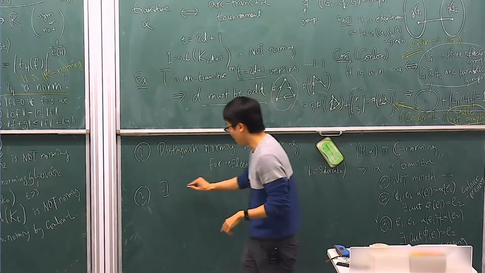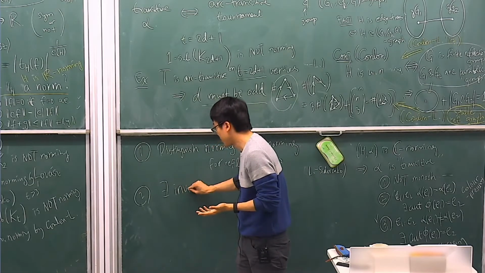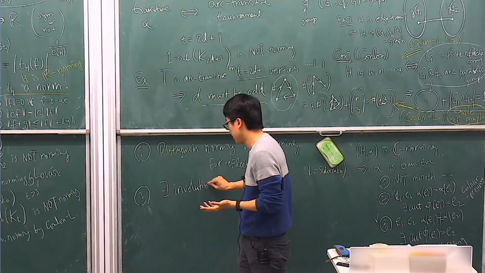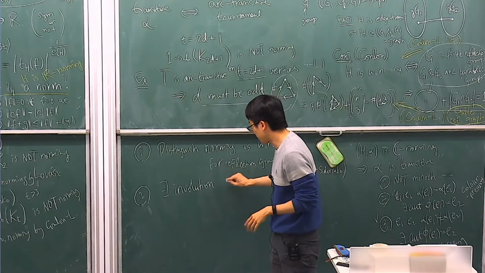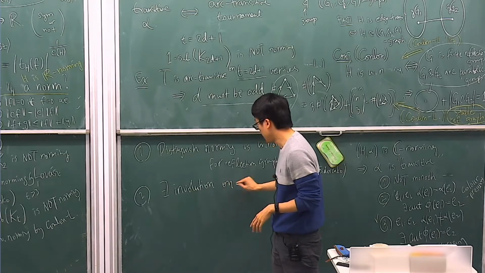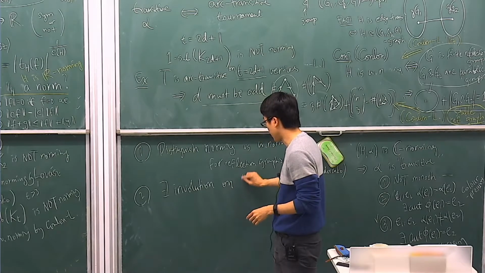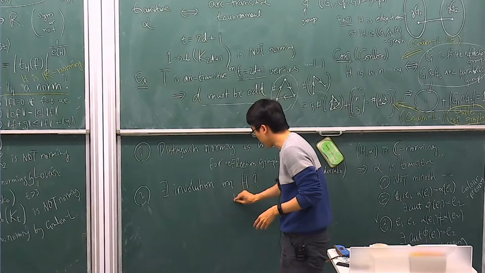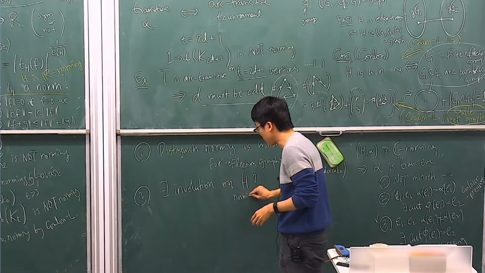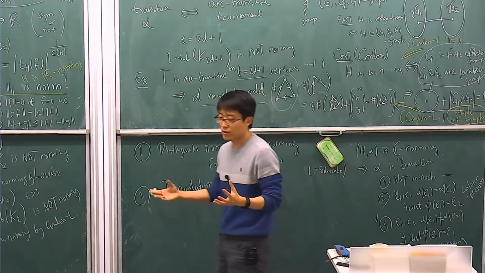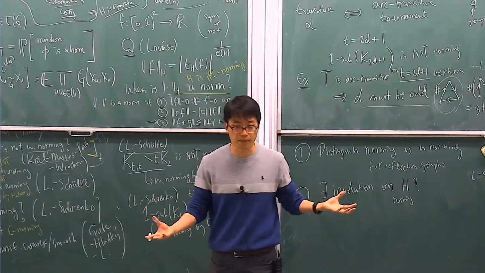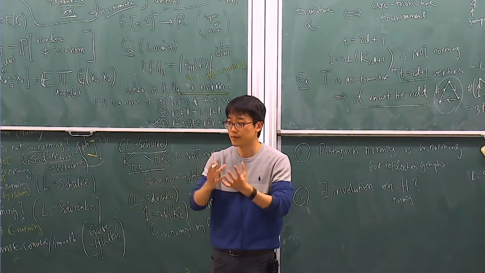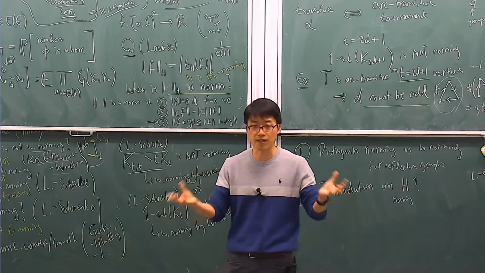So is there an involution on the norming graph H? By involution, I mean the following. You split your edge set into 2 pieces and map one to the other. So no edge is fixed.